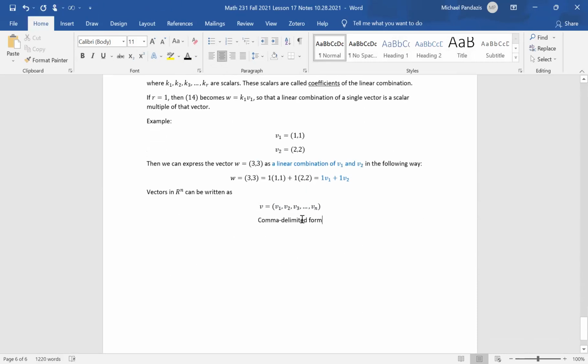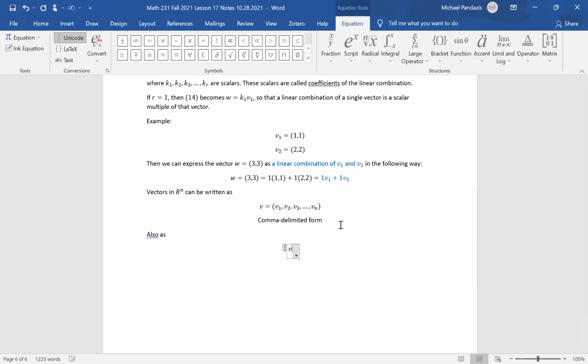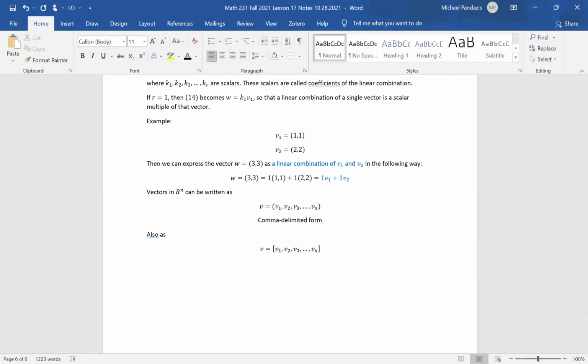You can also write a vector in this form, where v is equal to bracket v1, comma v2, comma v3, comma dot dot dot, comma vn. And this is called row vector form.